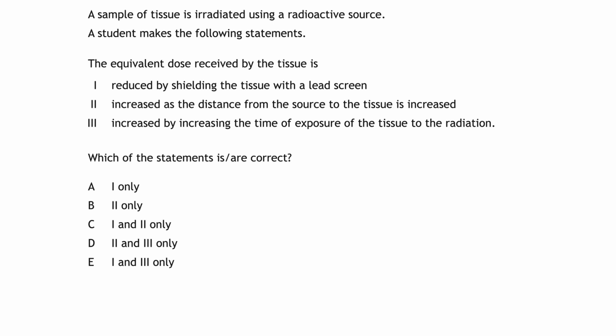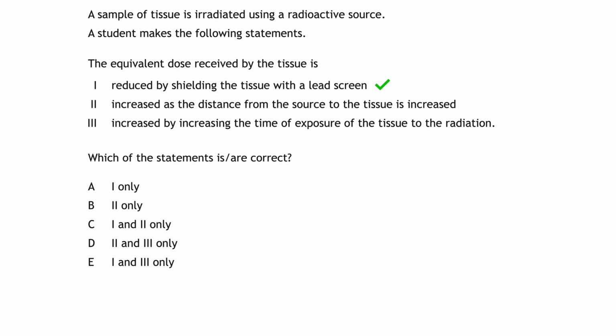So remember that equivalent dose is a measure of the biological effect of radiation due to factors like the type of radiation, absorbed dose, type of body tissue exposed, and so on. It's pretty straightforward that shielding the tissue with a lead screen will reduce the biological effect of the radiation. So the first statement's true. If we increase the distance from the source to the tissue, then surely the biological effect would be reduced rather than increased.